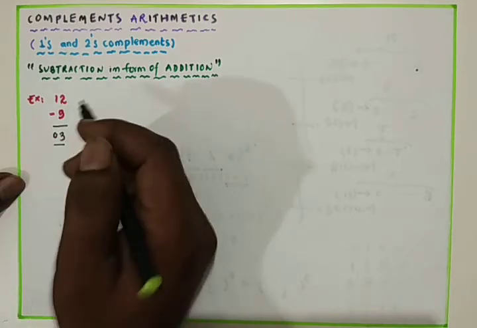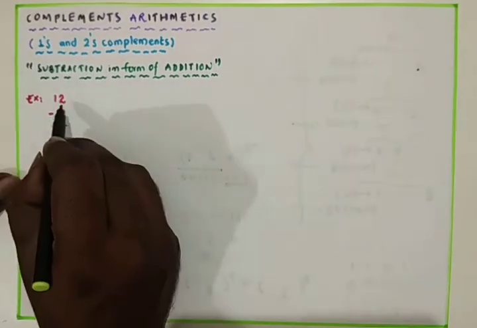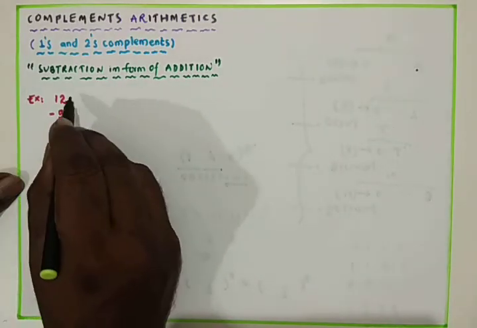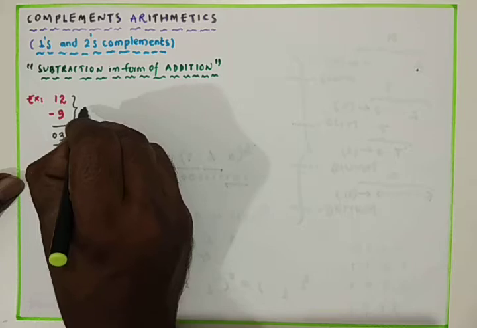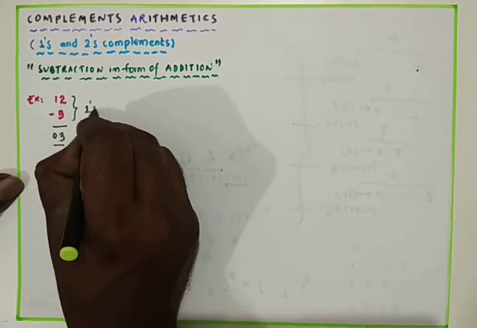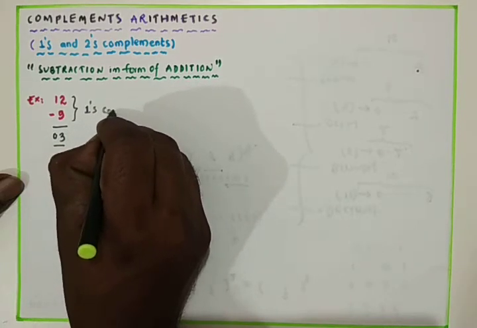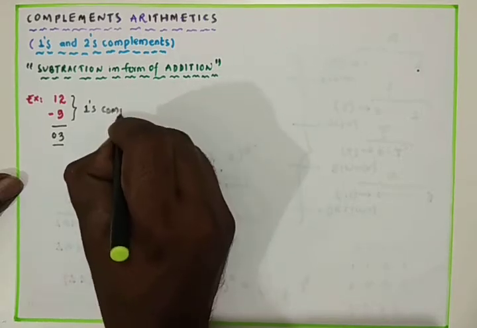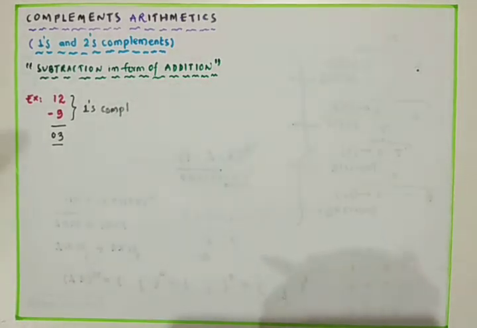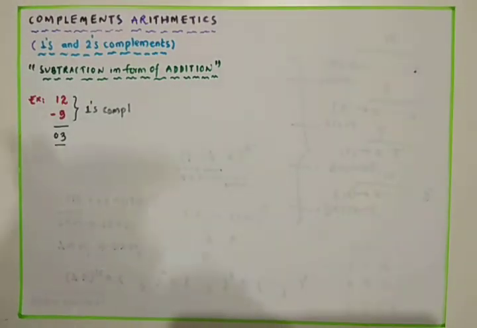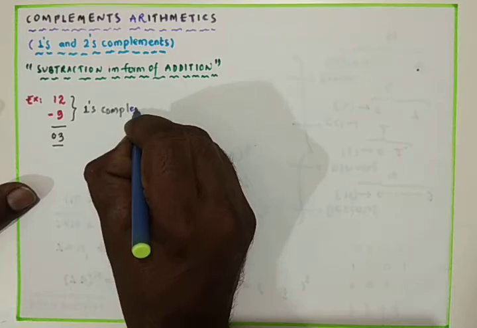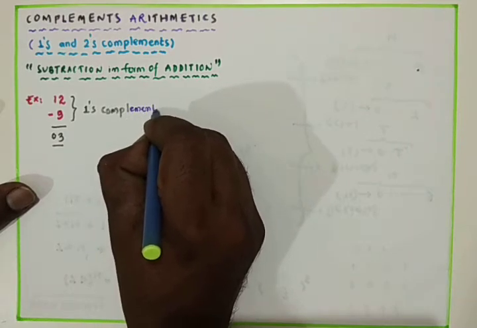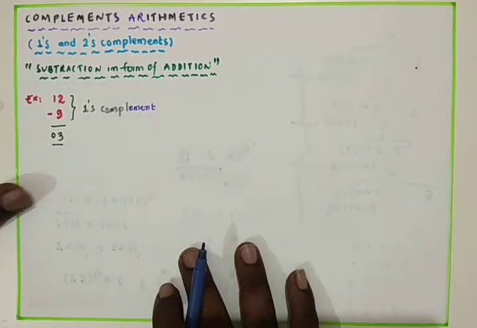The question will be given like this: perform the subtraction using the ones complement. Using the ones complement we have to perform this subtraction. We know that the complements can be used to perform the subtraction in the form of addition.